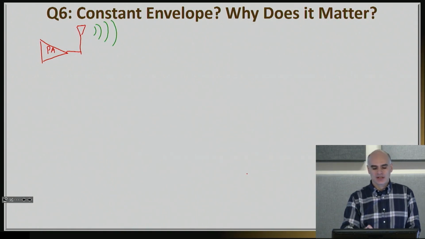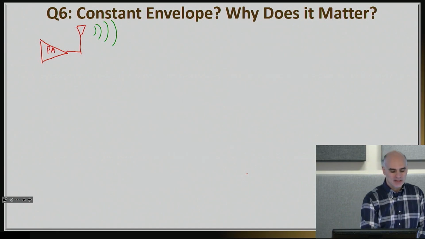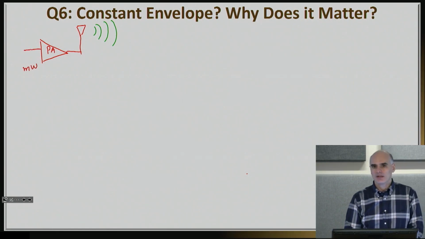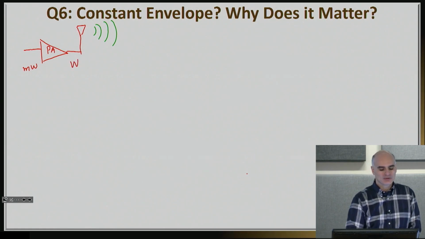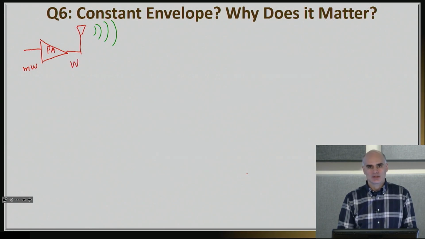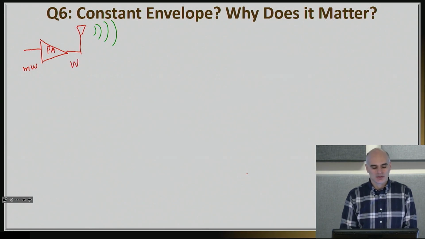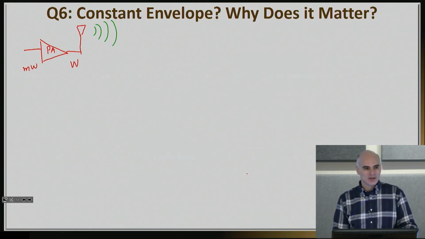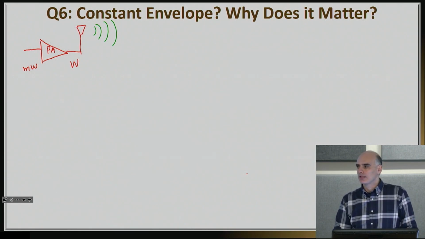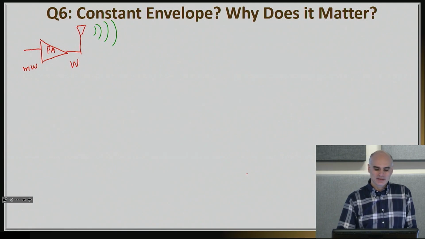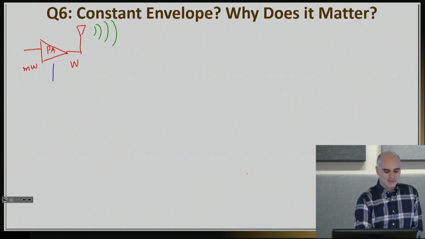The key feature here is that this power amplifier will get at its input something in the order of milliwatts and will have to transmit something in the order of watts. So there's significant amplification required, and for that reason this power amplifier consumes quite a bit of power. In fact, this is the most power hungry element in a transmitter chain.